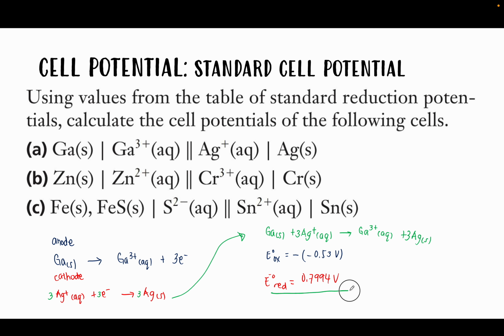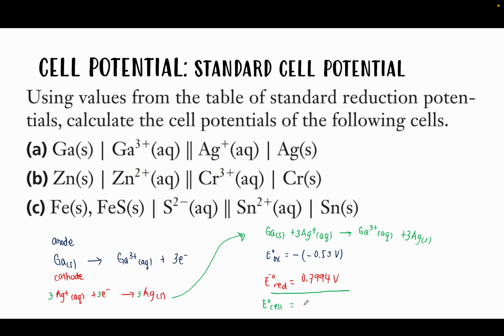So adding the standard reduction potentials, the standard cell potential is equal to, how much is the sum of the two? We have here 0.53 plus 0.7994.